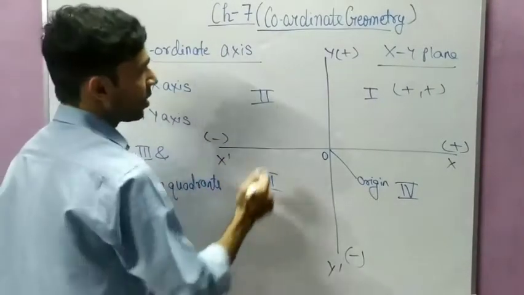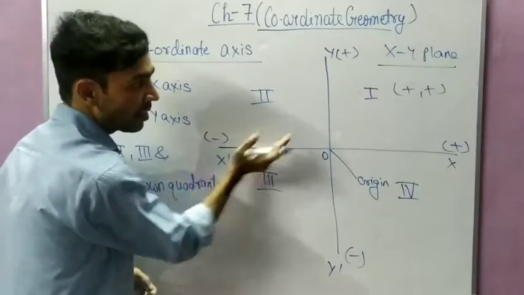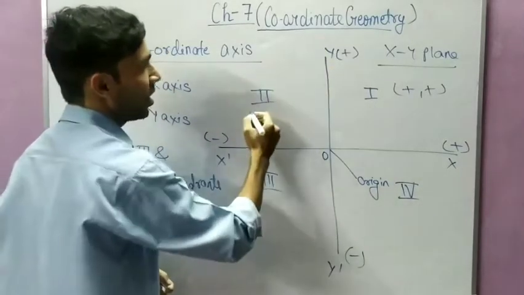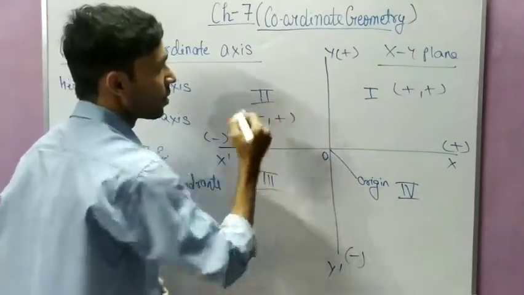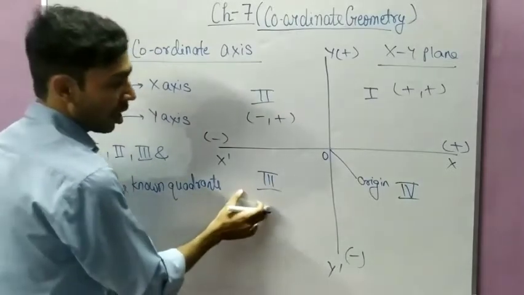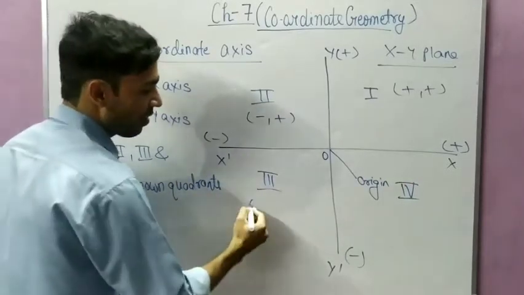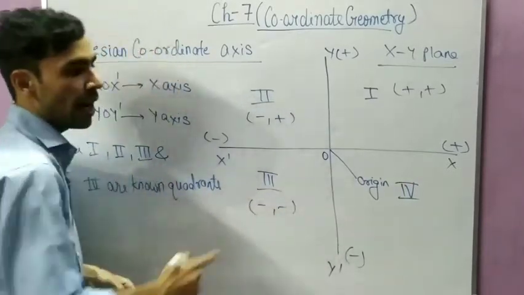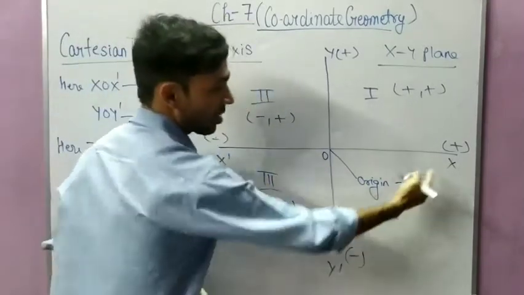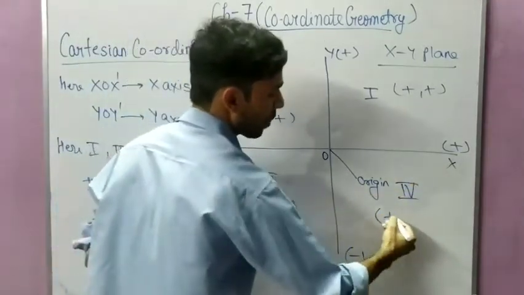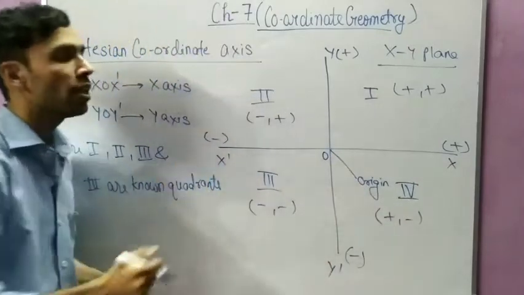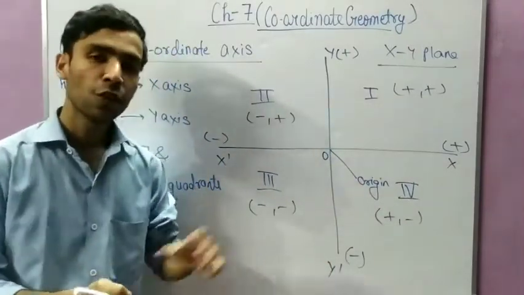Similarly, in the second, x is minus and y is plus, so the sign will be minus, plus. In the third, both are negative, so the sign will be minus, minus. And in the fourth, x is plus and y is minus, that's why plus, minus. This you already know, students, from class 9th.